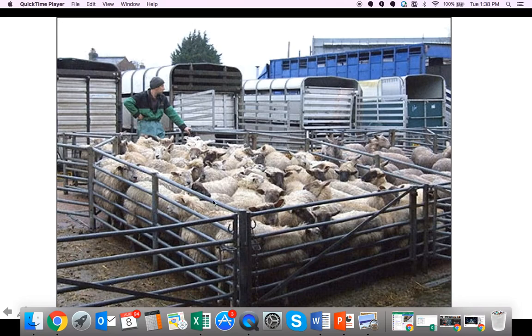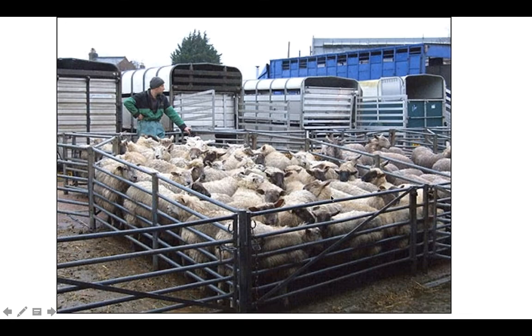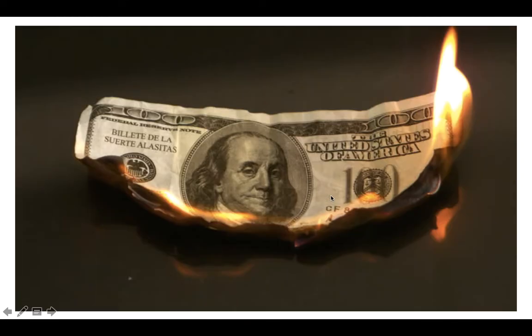So, this depiction here is how the world is today. What's the next major step? They're going to ban cash.